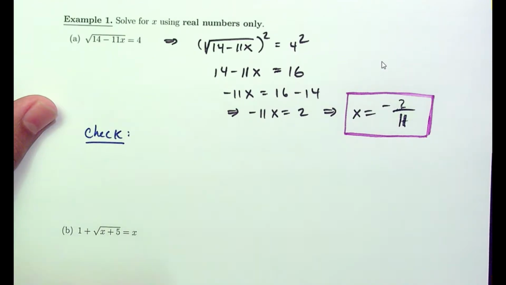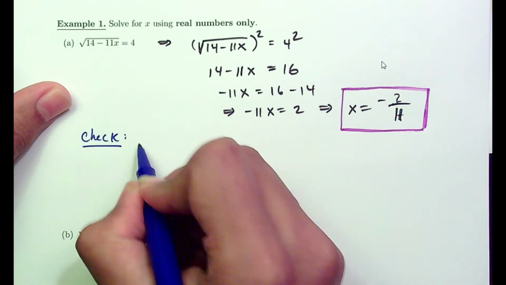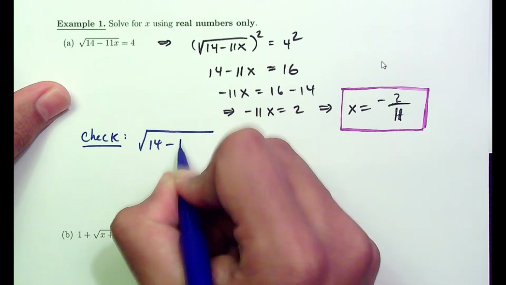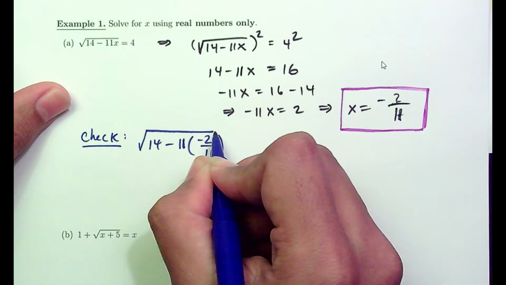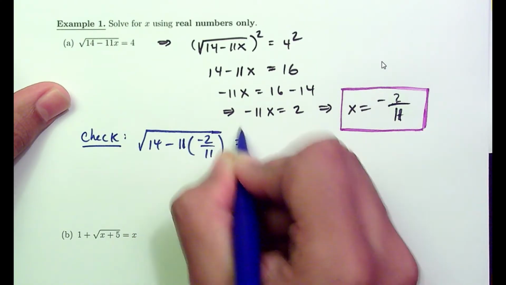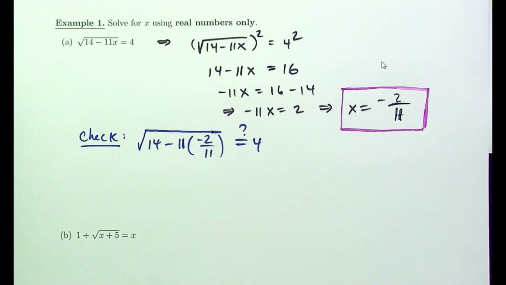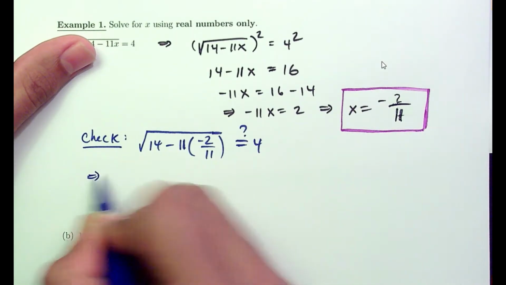Take that number, plug it in, simplify it, and see if it works out. I'm going to plug it into the original equation, 14 minus 11, and I'm plugging in negative 2 over 11. The question is, is it true that that's equal to 4? I don't know. Let's see. Take your time, simplify one step at a time.